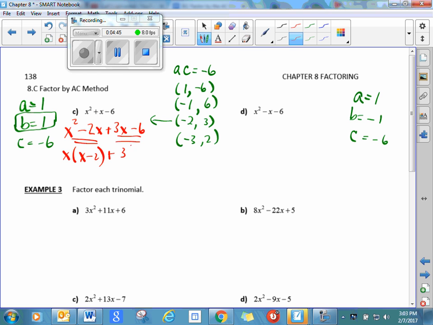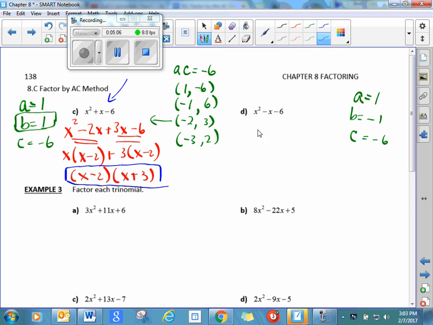Take out the common factor of 3, and you also get x minus 2, which is what you're looking for. X minus 2 and x plus 3 being your final answer. And of course, on the quiz, on the test, you would multiply this back to make sure that you can get back to your original trinomial.